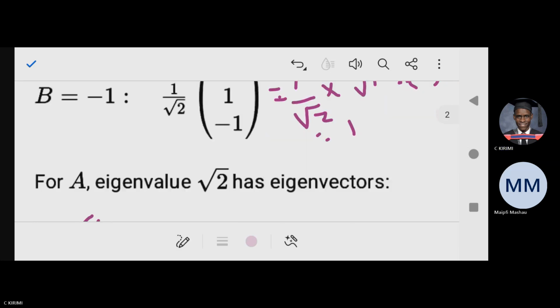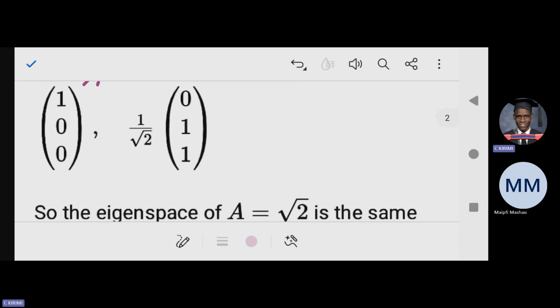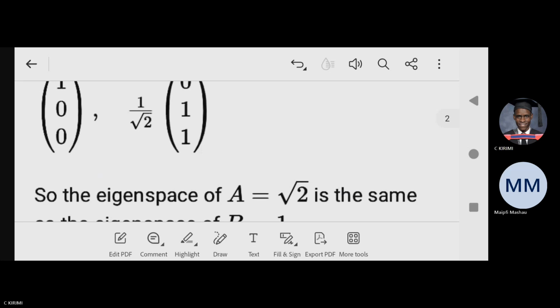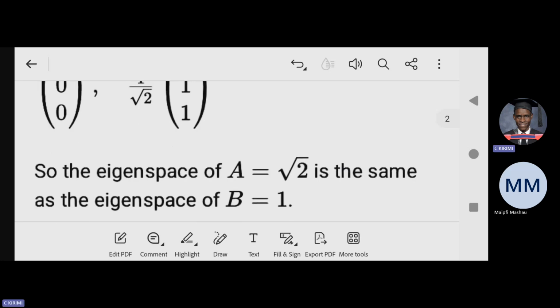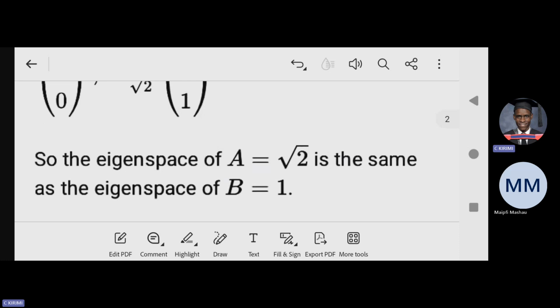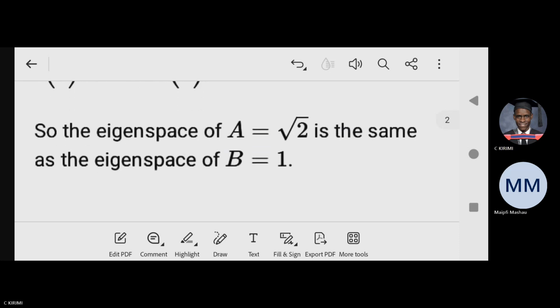Right. And then after you have been given those eigenvectors for A, the eigenspace for A equals root of 2 is the same as the eigenspace for B equals 1.